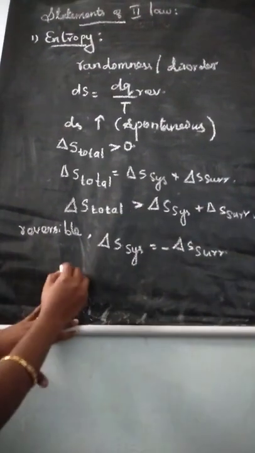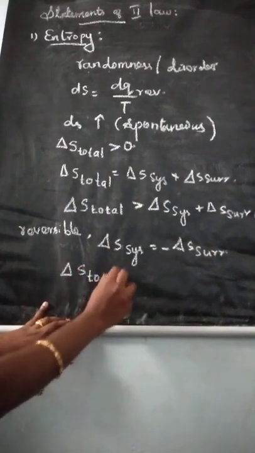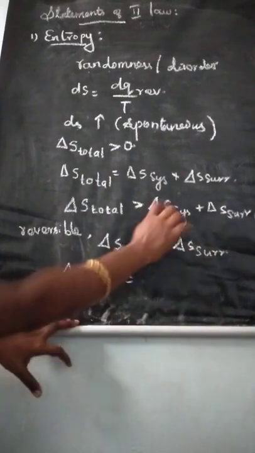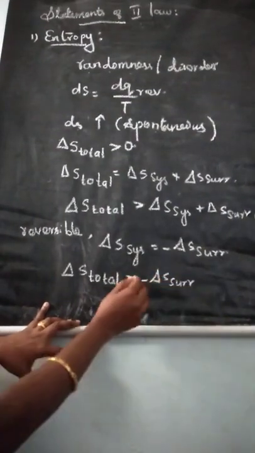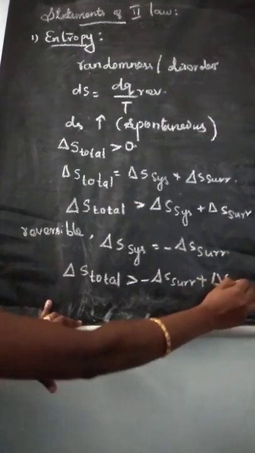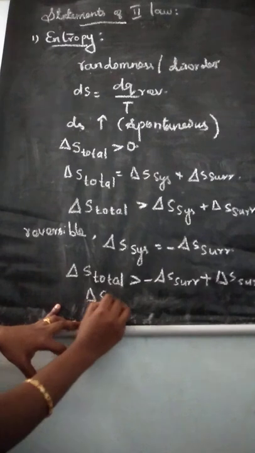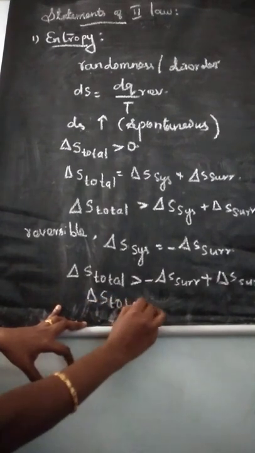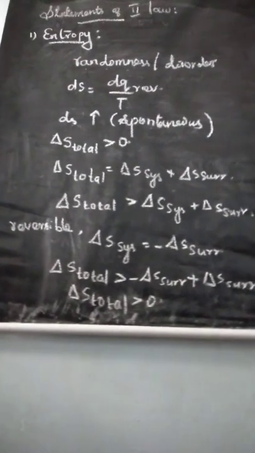Then delta S total is equal to delta S system plus delta S surroundings, and the minus and plus cancel, so you get the answer delta S total is greater than or equal to 0. Understand?